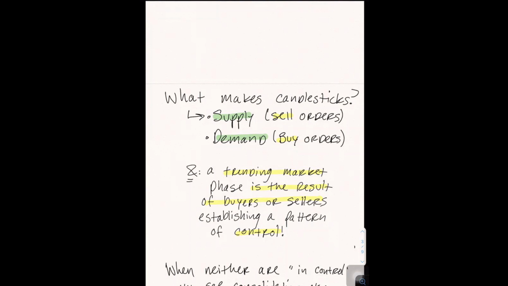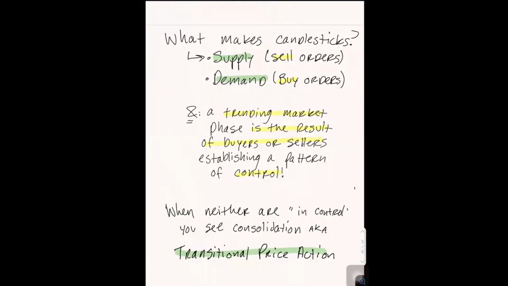If a candle is going down, it's the result of supply or sell orders. A trending market phase is the result of buyers or sellers establishing a pattern of control. When neither are in control, you see consolidation, aka transitional price action. Pretty simple.